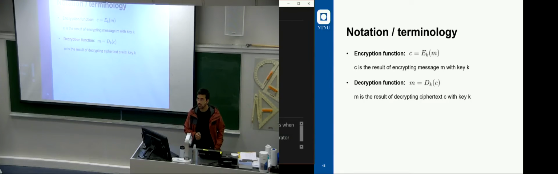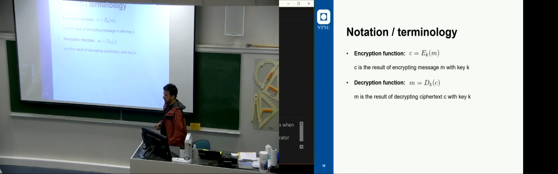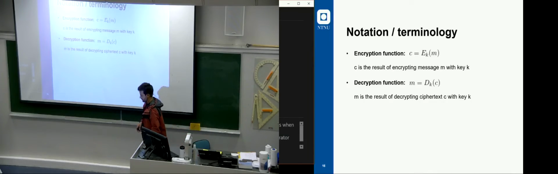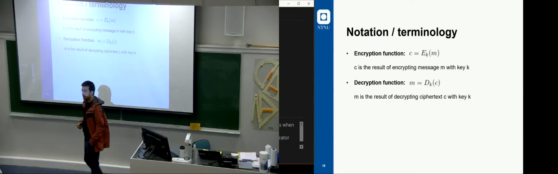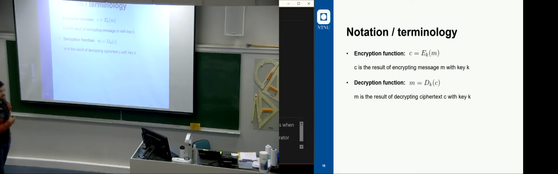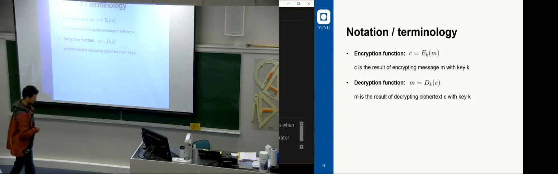Simple? Similarly, we have decryption. For decryption, we take the input as ciphertext C, and it outputs the actual message M. These are the important things that we should remember so that we can apply them in other slides.